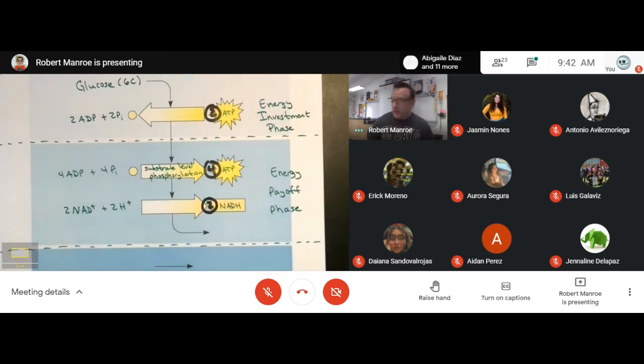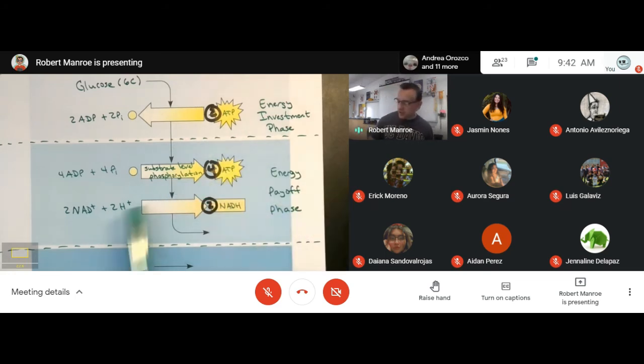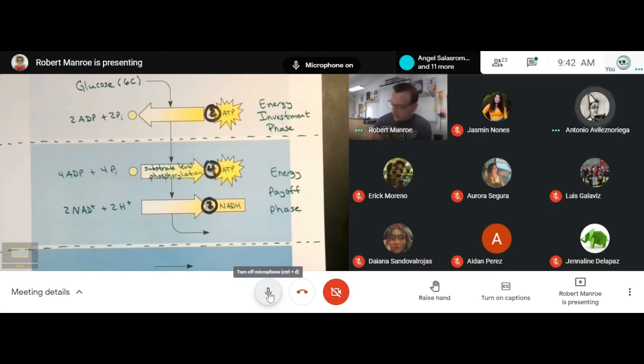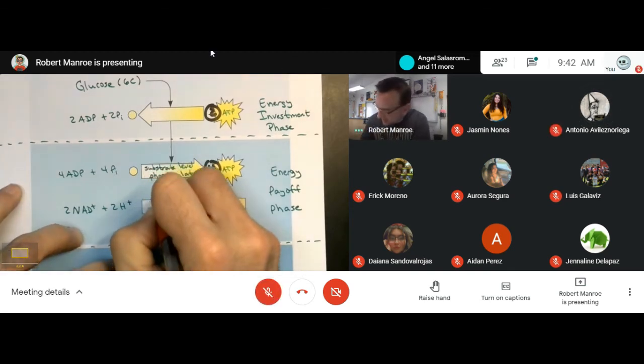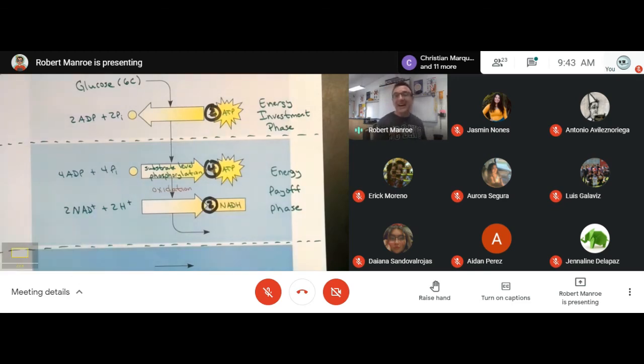All right. So what happens to your substrate if the electrons are taken out of your substrate and transferred to the NAD? What do we have to put on that arrow right there? Oxidation. You bet, oxidation.